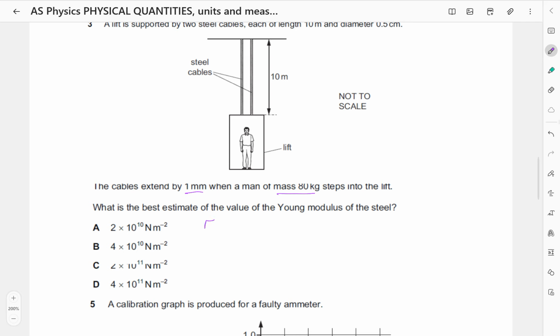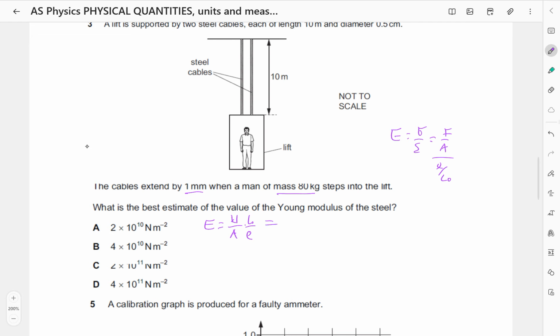So we know that Young modulus is stress divided by strain, which is force over area divided by extension over original length. So this becomes original length over extension. So we shall just substitute.